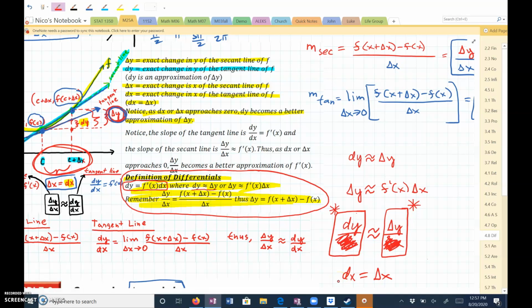Okay? And then this last part here, remember that delta y over delta x, this is the definition of the secant line. It's just the slope of the secant line, where delta y is f of x plus delta x minus f of x.